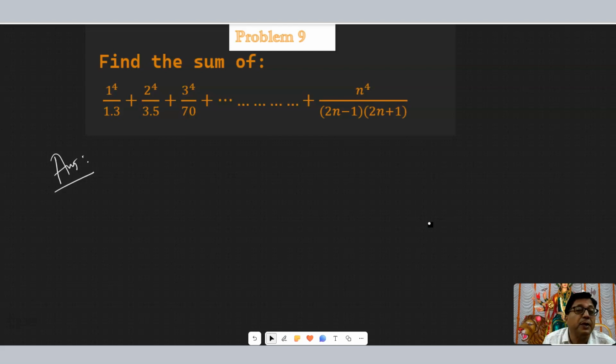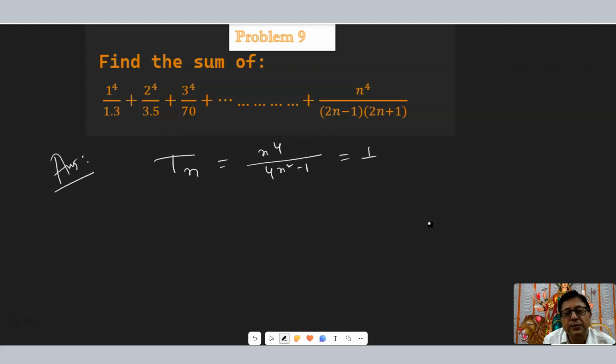For this kind of problem, you need to reduce the degree of n in the denominator. Otherwise, the difference method which I have discussed will not work. So our first part will be that only. We will try to reduce by dividing. So Tn is n to the power 4 by 4n square minus 1.